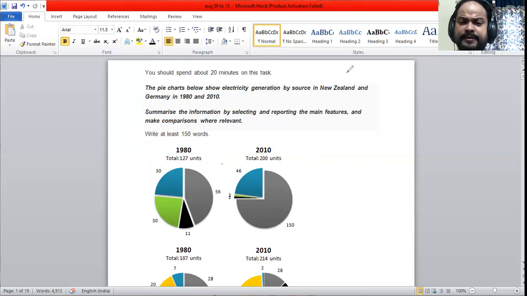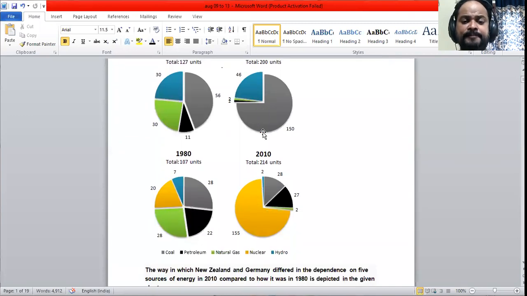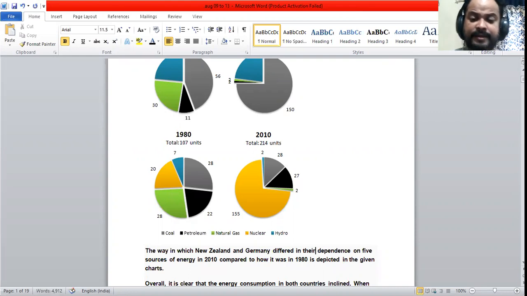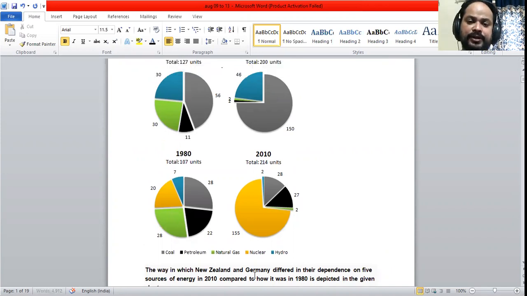Now let's see the introduction here. The way in which New Zealand and Germany differed in the dependence on 5 sources of energy in 2010 compared to how it was in 1980 is depicted in the given chart.